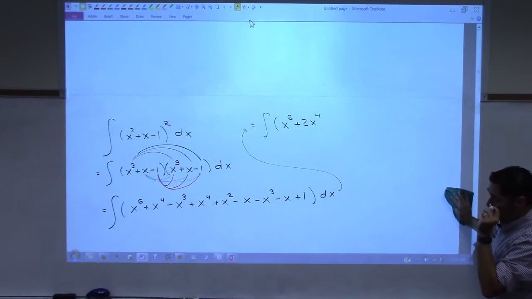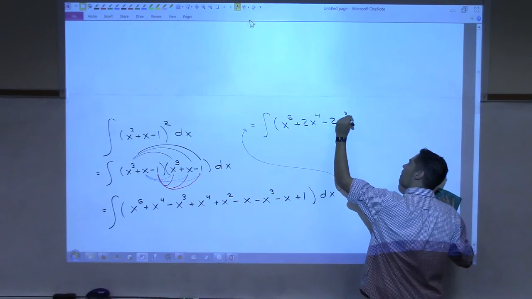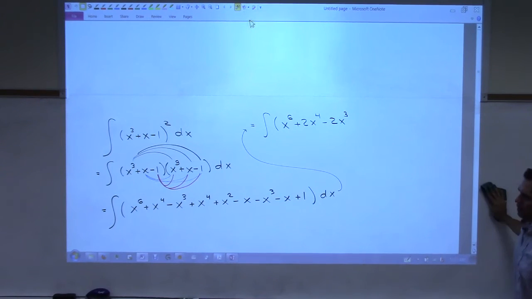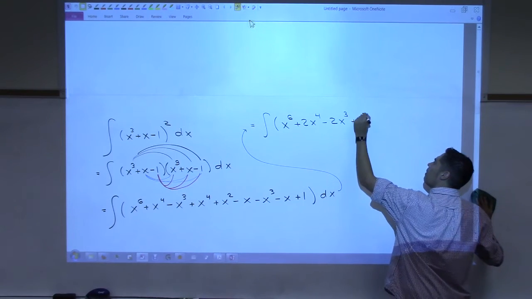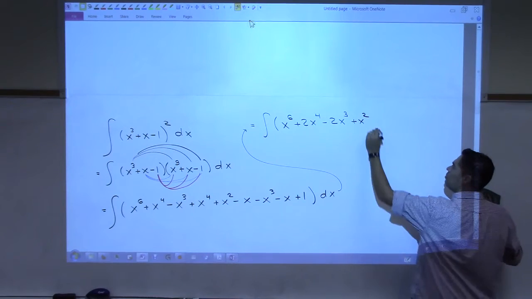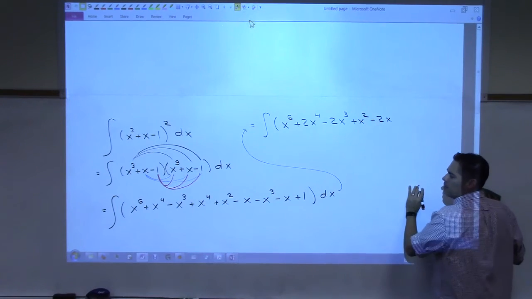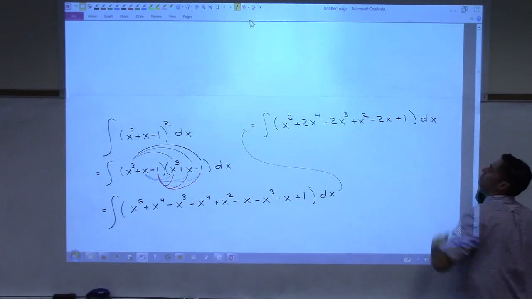X cubed, negative 2. X squared, just 1. X's, minus 2. And constants, plus 1 dx.